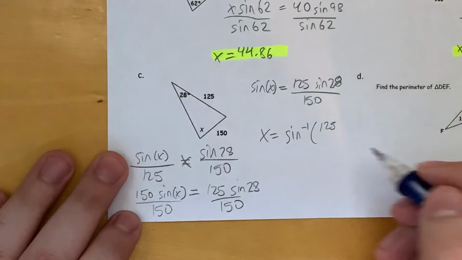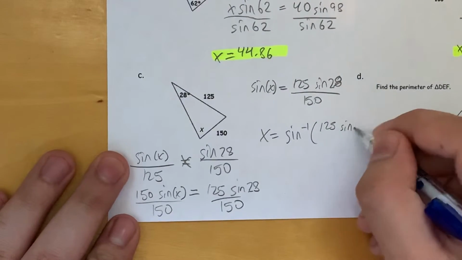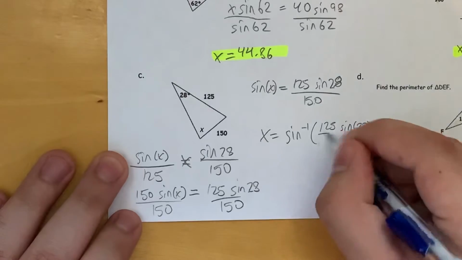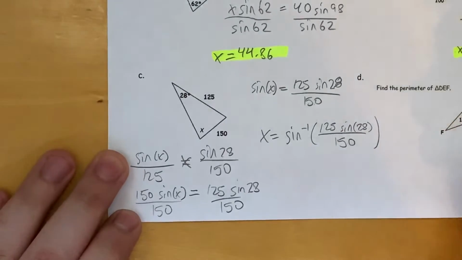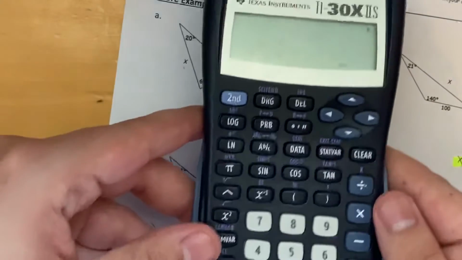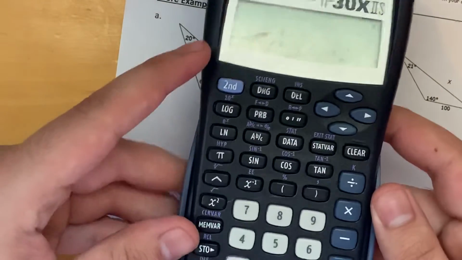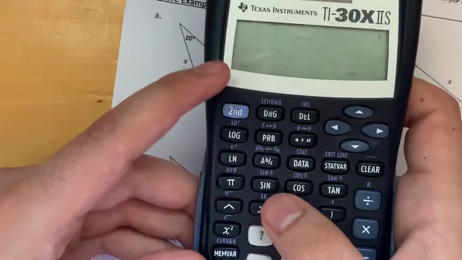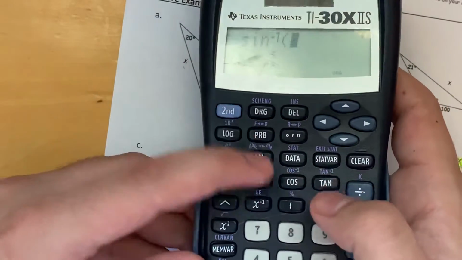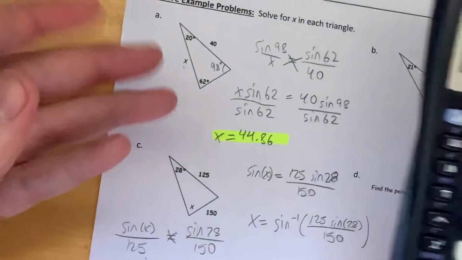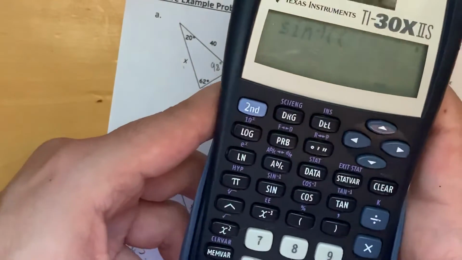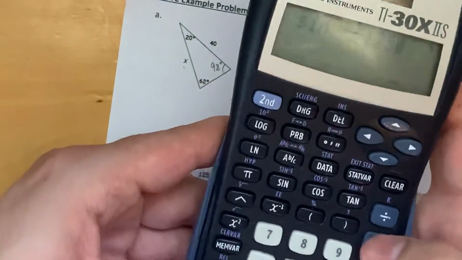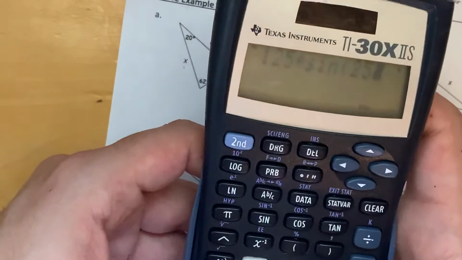To plug in sine inverse, I'll show you the button as soon as I'm done writing with it. So if we look on my calculator, not everybody's calculator is going to be the same, but my sine inverse is when I hit second sine, and then I get the inverse sine. And then I'm going to plug it all in. So I put a parenthesis, 125 times sine of 28.